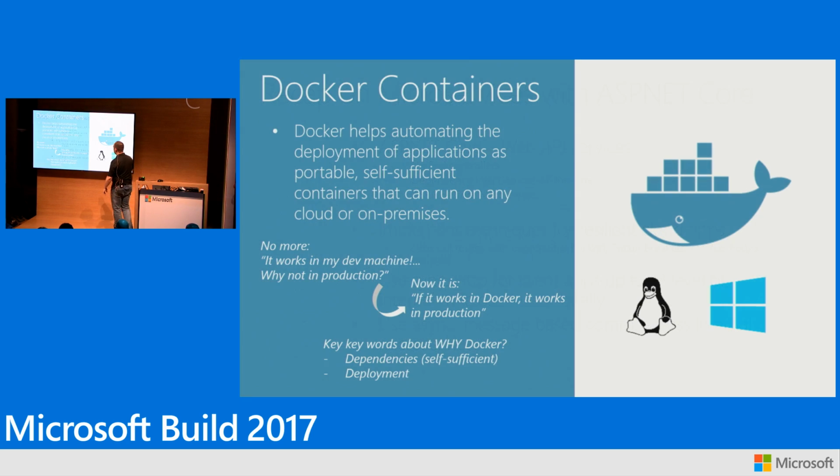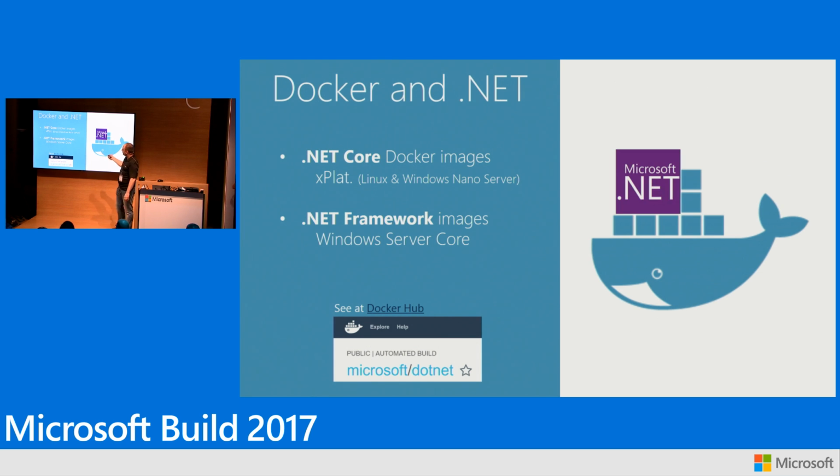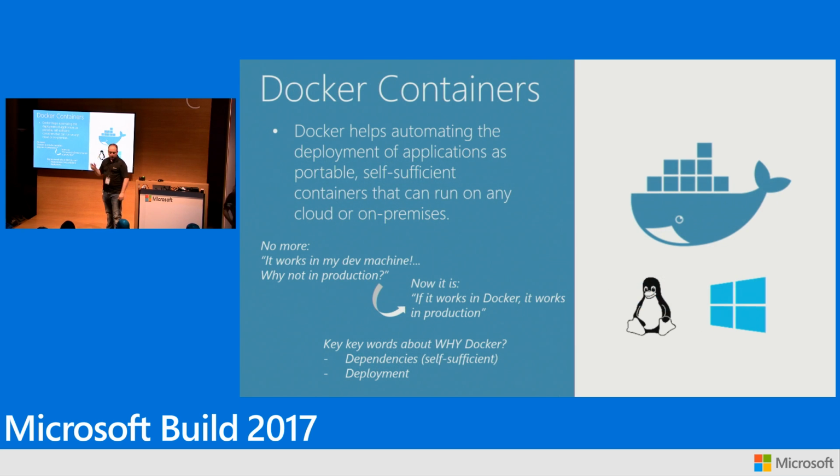Okay. So now about Docker. Very quick, to summarize Docker. Docker is about dependencies. So think about a Docker container like a process with all the dependencies that process has in regards to frameworks or everything, .NET Framework, other libraries, whatever.